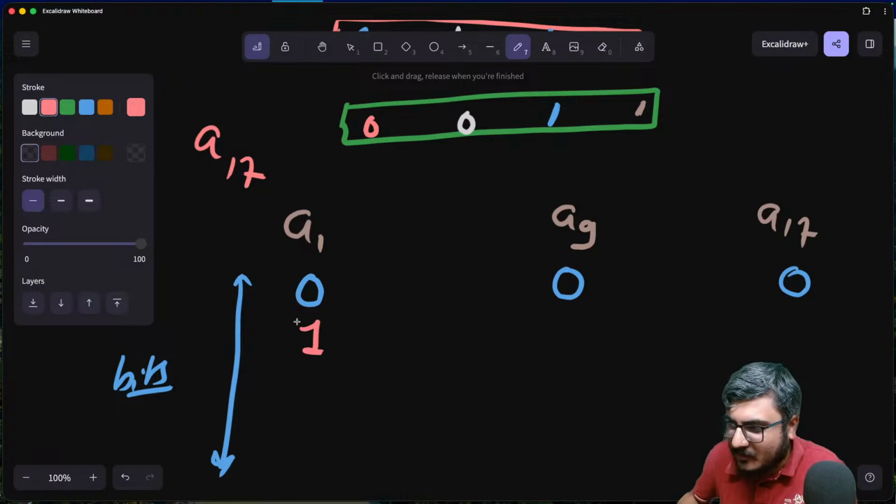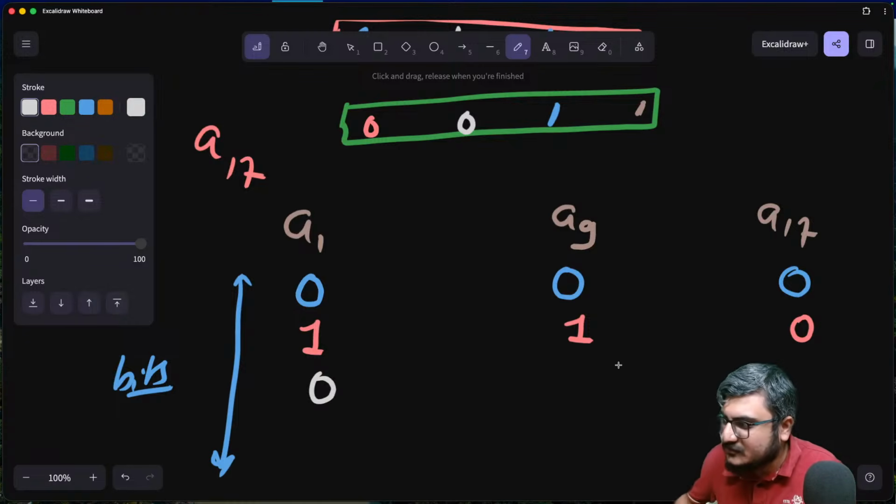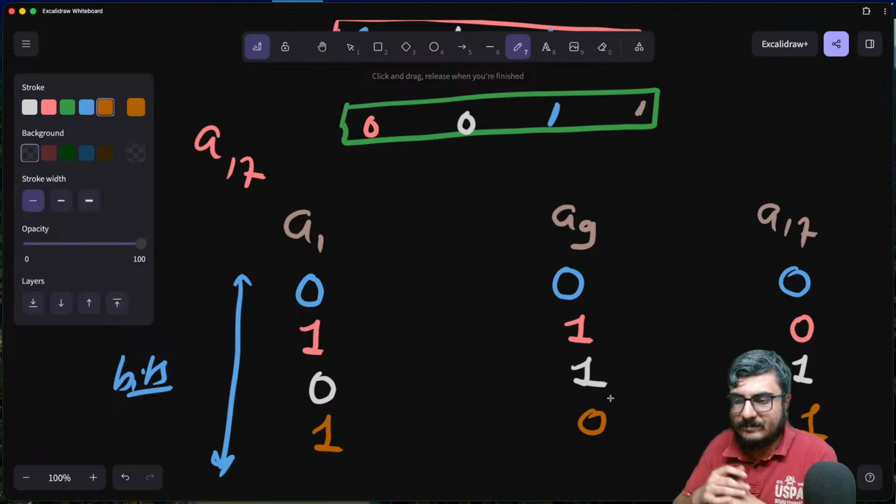If I have 1 on this particular bit and 0 on this particular bit, the bit for this A9 becomes 1. If I have 0 here and 1 on this bit, then this bit becomes 1. And if the ith bit over here is 1, the ith bit over here is 1, then this bit becomes 0. I'm looking at these individual bits.